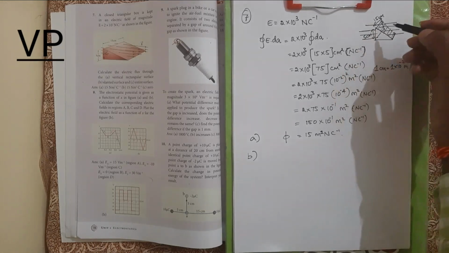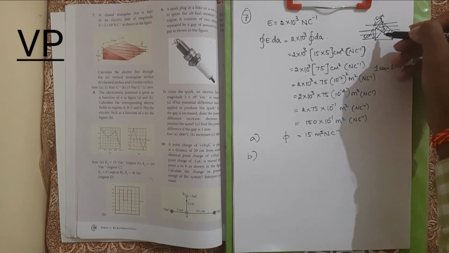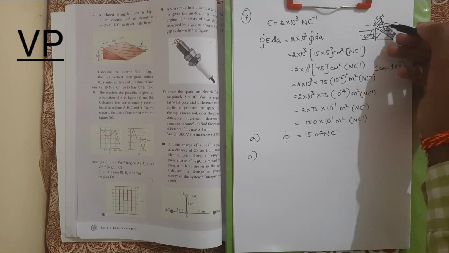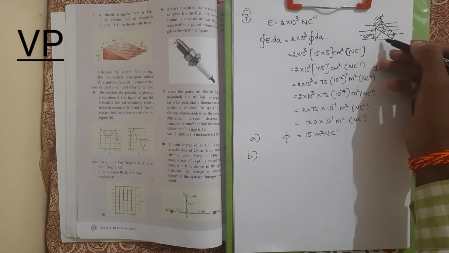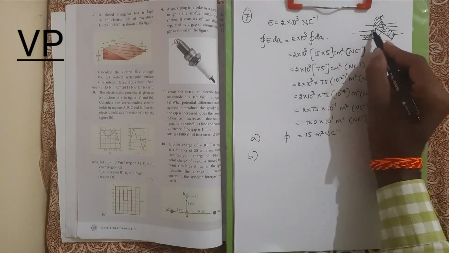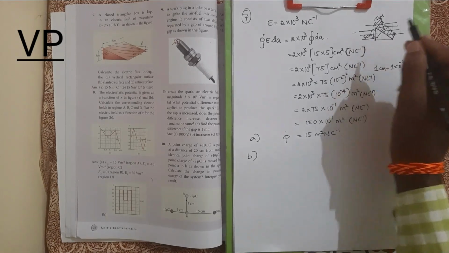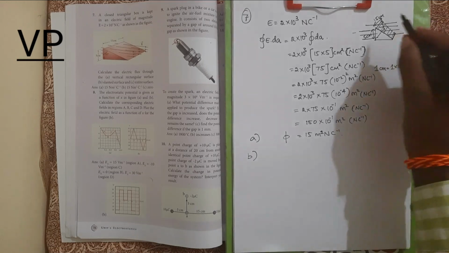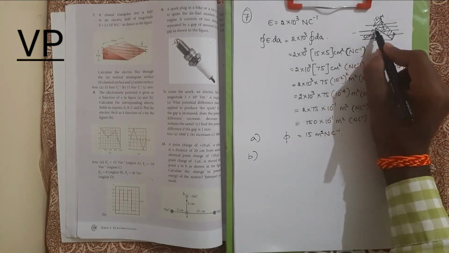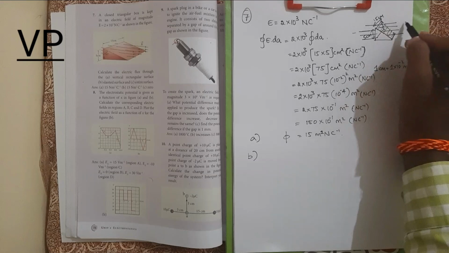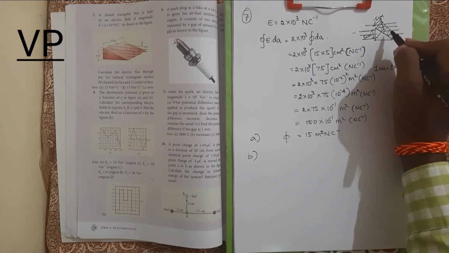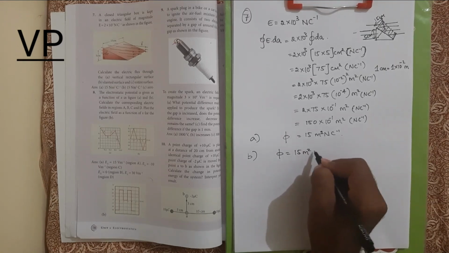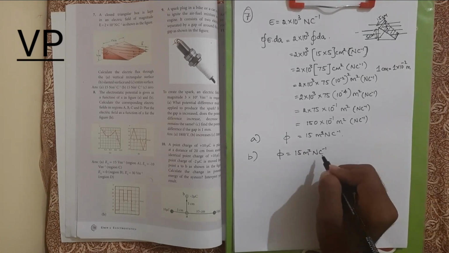You may note that there is no output of electric field lines from any of the other surfaces, even this surface or the opposite surface and even the base surface. So the electric flux that is entering through the vertical surface comes out through the slanted surface, which means that all the electric fields that are entering through the vertical surface are coming out through the slanted surface. So the electric flux of the slanted surface is equal to 15 meter square Newton Coulomb minus 1 as well.